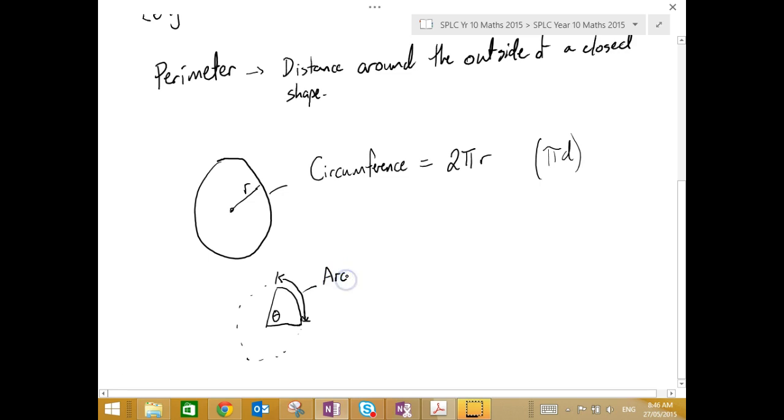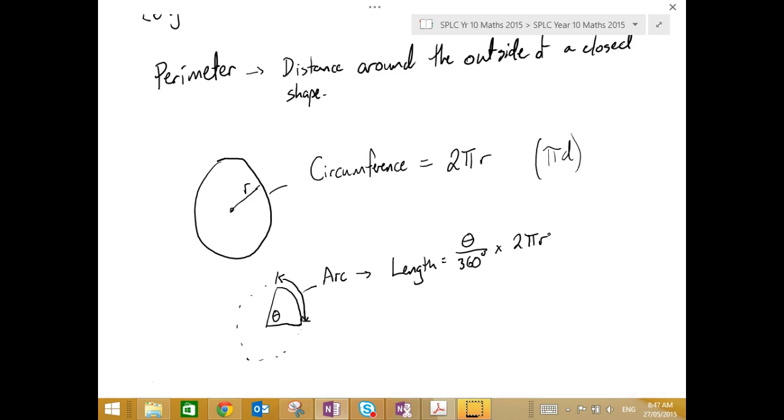Well, that's an arc. So for the arc length, it's what fraction of a circle have I got? We break circles up into 360 degrees. So we do theta divided by 360, and then multiply it by 2 pi r. It's that fraction of the circumference of the circle.